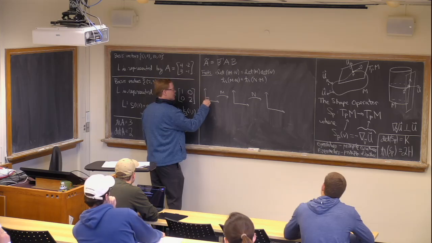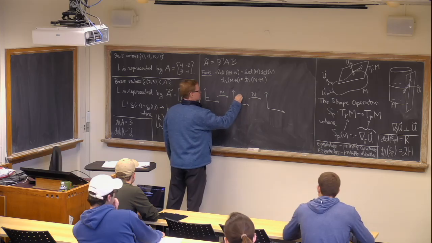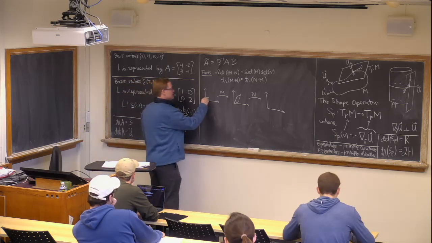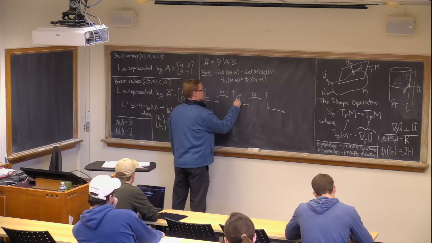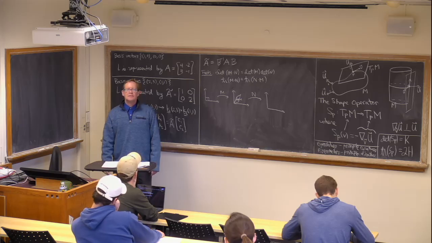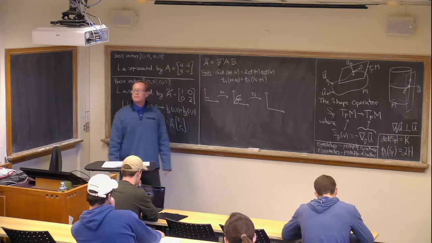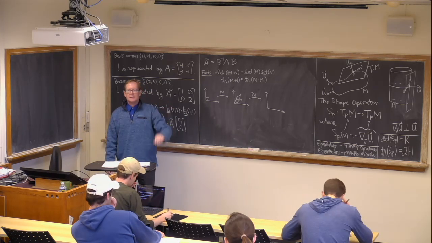If you have a square, it gets mapped to a parallelogram. This square is a unit square, so it's area 1, and whatever the area of the parallelogram is, that's the determinant of M. So the determinant of M is how much the area of the unit square gets stretched by.